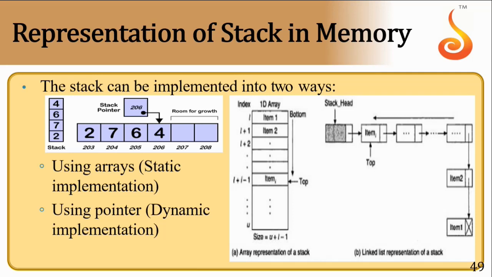So items 1, 2, 3 in arrays are one next to one another, whereas linked lists are logically connected to one another, wherein you can see this part which has an arrow is nothing but a link part which points to the next node in the list, and each one of these is called a node. So when we do linked list, you will understand it in a better way. Please have a look at this.